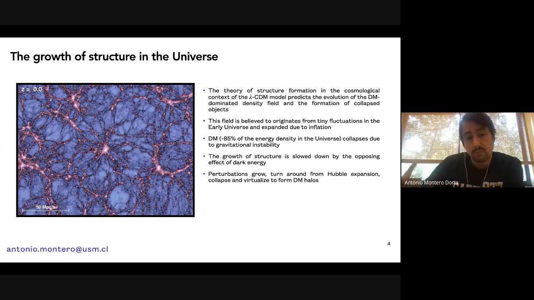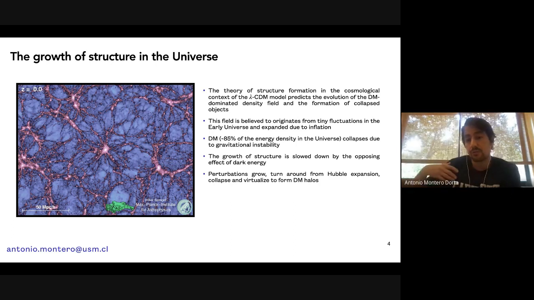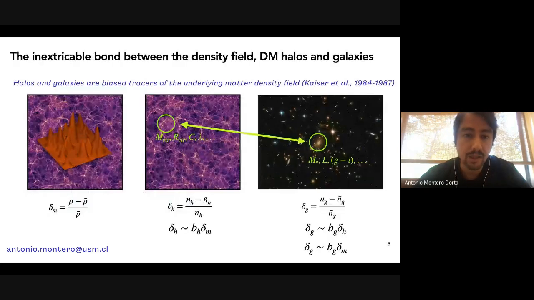And we know that this structure grows through gravitational instability, but it's also slowed down by the opposing effect of dark energy. These perturbations grow, then at some point disconnect from the Hubble expansion, collapse, and virialize to form dark matter halos.